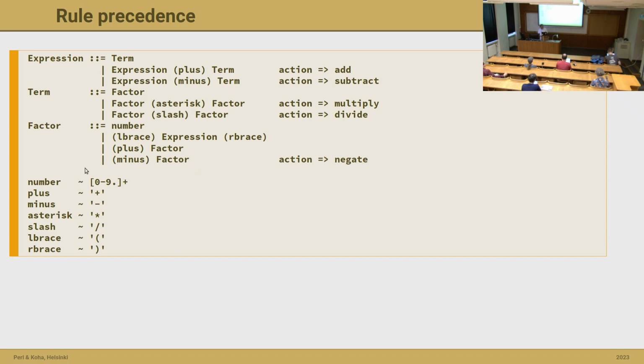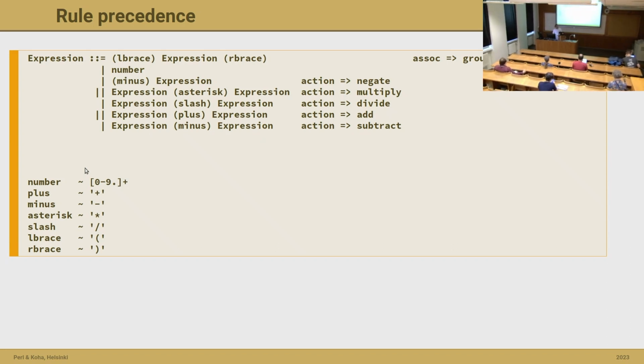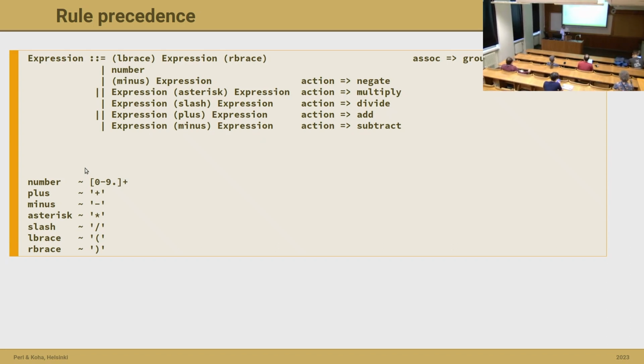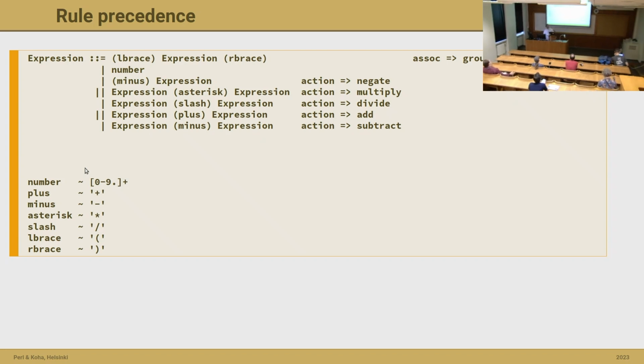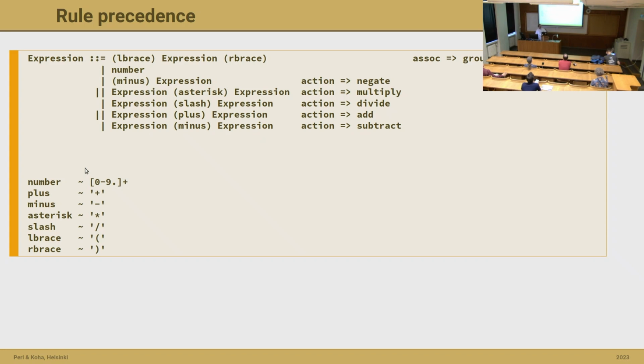Okay, but Marpa can do better than that, because if we think about mathematical expressions, we usually do not think about factors and terms. We just know that there is some kind of precedence of the operators, and that's it. And in fact, in Marpa, you can use this. Instead of a single vertical bar, you can use a double vertical bar, which says the rule on the left of the double vertical bar has a higher precedence.